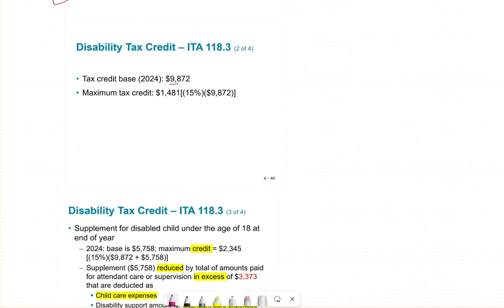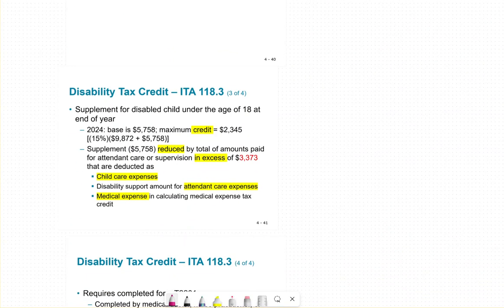The base of this tax credit in 2024 was 9,872, and 15% of that will be the maximum tax credit I'm allowed. Now I'm also allowed a supplement if your child is under the age of 18 and is disabled.